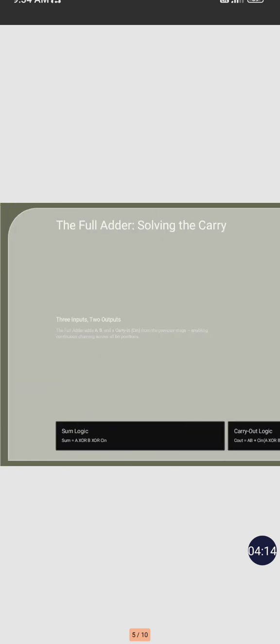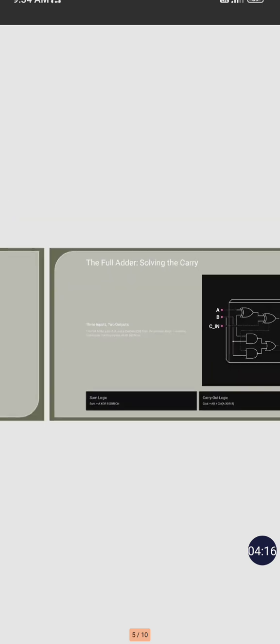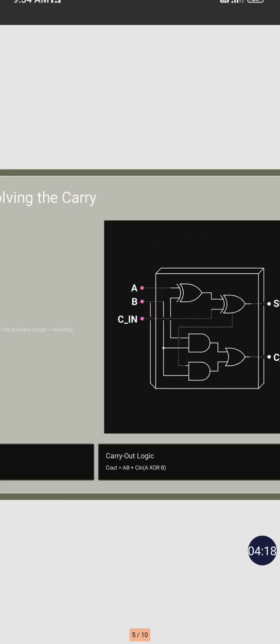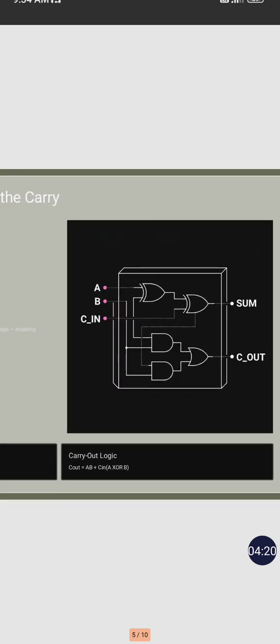The full adder overcomes the limitation of the half adder. It has 3 inputs, A, B and carry in, called C in, and 2 outputs: one is the sum and the second one is C out, which means carry out. The sum equation is sum equals A XOR B XOR C in.